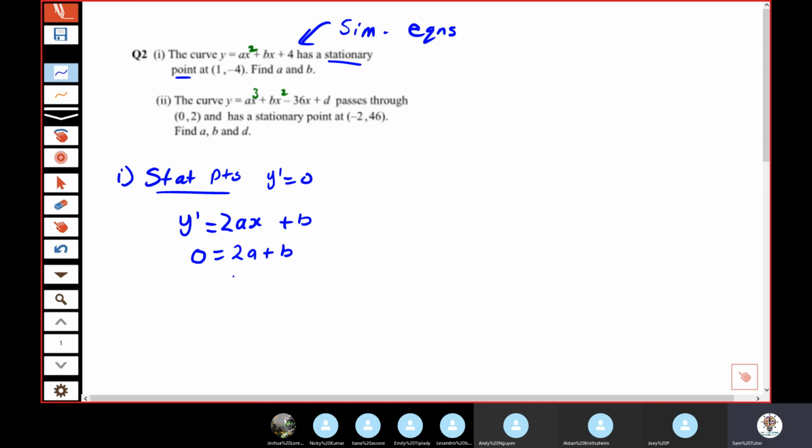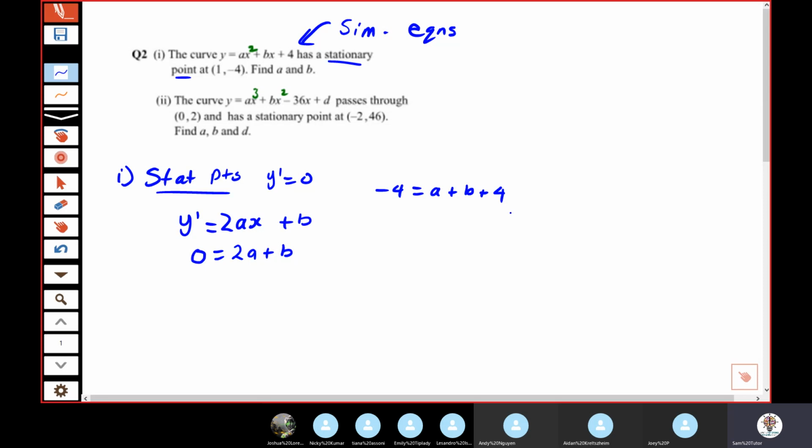If I said, show that a point lies on the curve, what would you do? Sub it in. So if it's a point that lies on the curve, just sub it in. So your second equation looks like this. Negative 4 equals a plus b plus 4.